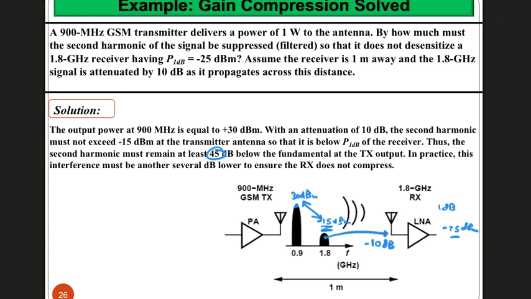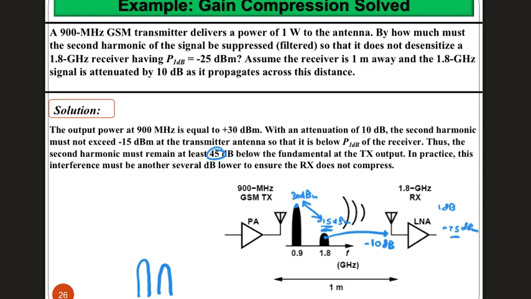Why do we care about this? Because when we filter out signals, what I'm getting from my transmitter probably looks like this: the fundamental and the first harmonic. If I'm doing a good design, after my amplifier I might sometimes have a band pass filter to make sure I comply with the specs.